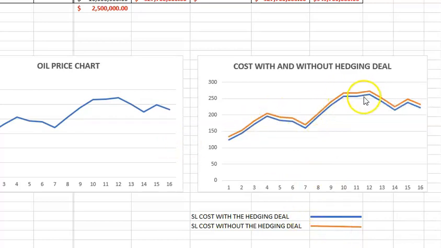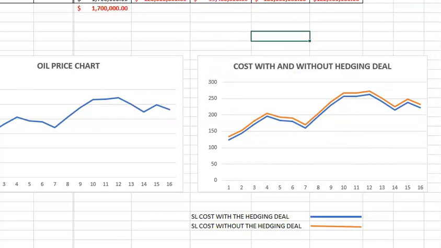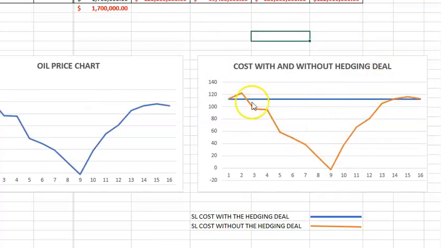As you can see, there's a $10 gap between our payments in this simulation. But let's do another simulation. F9. And now, as you can see, in this simulation, we are paying a flat rate of 112.5.